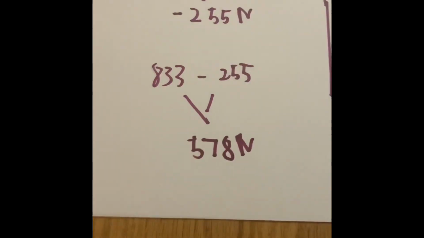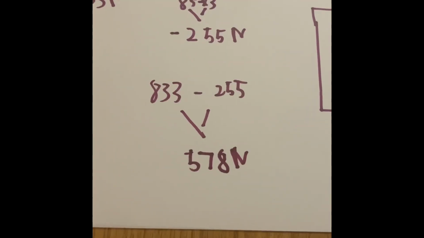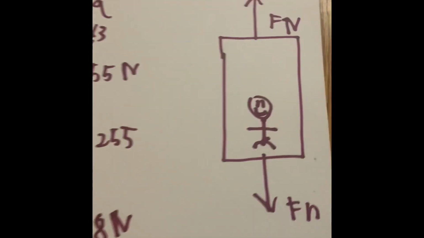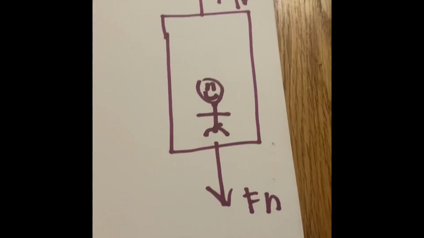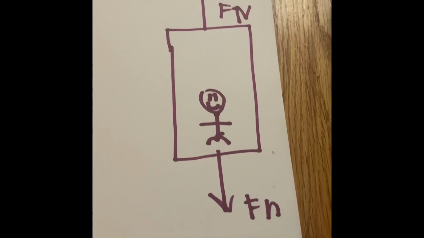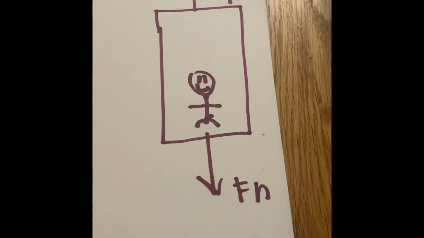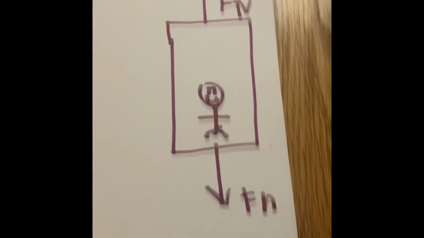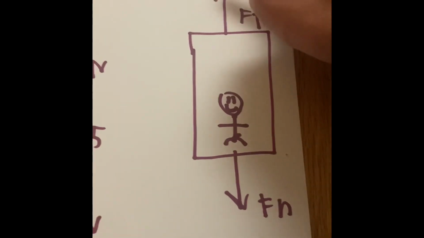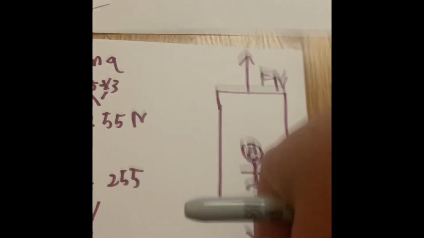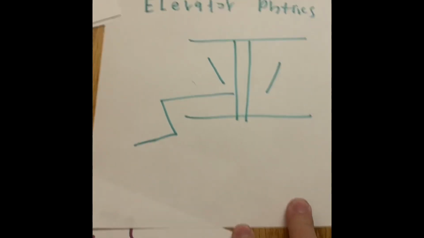So the man would feel 578 newtons going down when the elevator jerks and goes to 3.0 meters per second squared down. So that is the physics behind an elevator when going up, going down, constant velocity, and not moving at all.